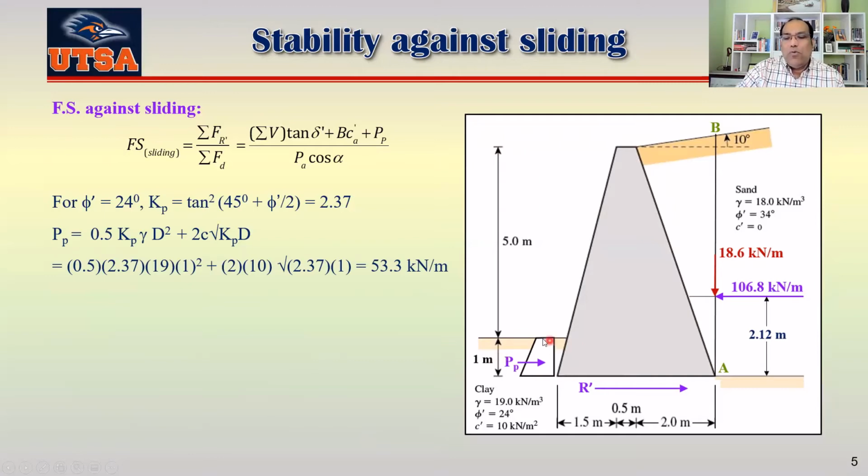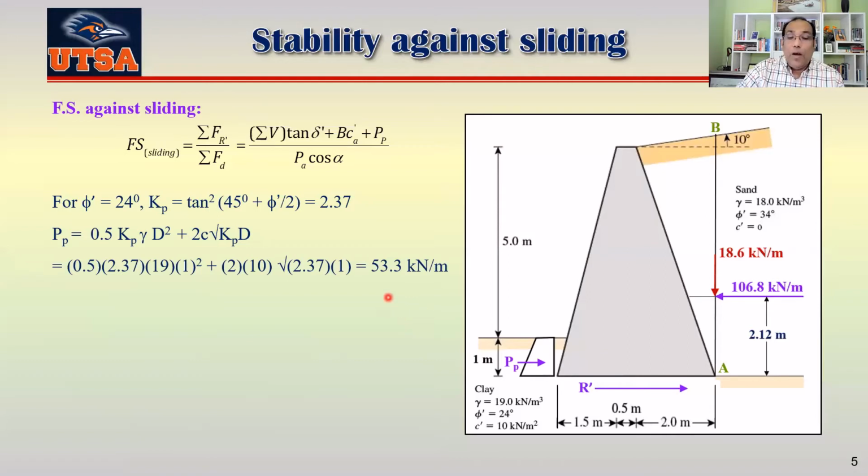Because many times we see that there might be some erosion because the water will seep through the wall, and some of the soil can move from there. So many designers choose not to include that one against the sliding. Anyway, for our purpose, we are going to include that one all the time.